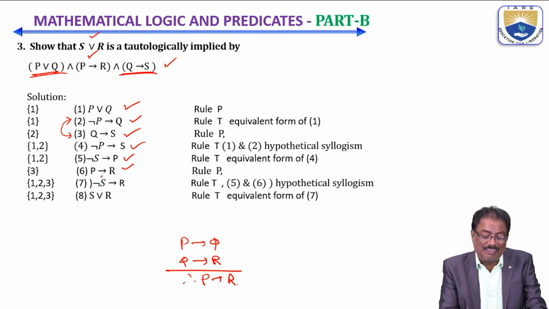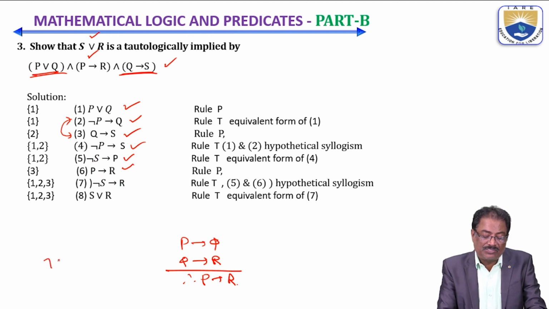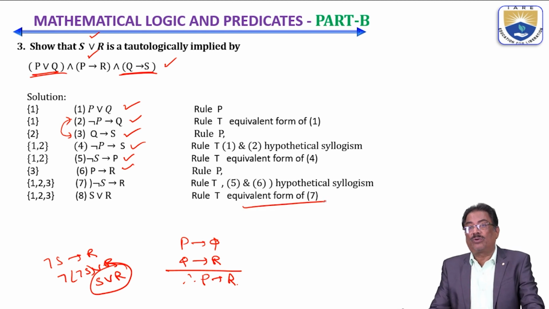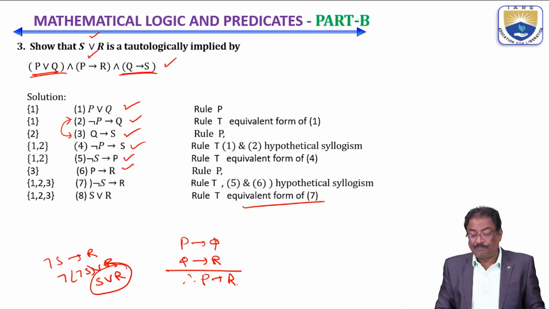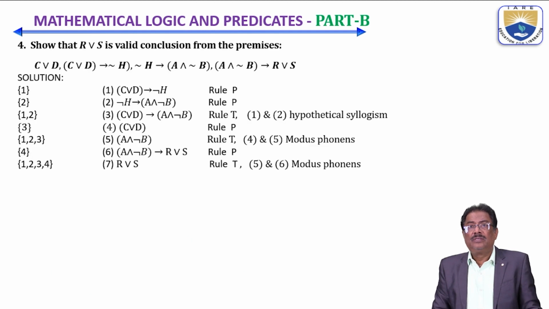Negation S to P and P to R, by using the rule of syllogism, we get negation S to R. And the equivalent form of negation S to R is negation of negation S or R, which is nothing but S or R. That is the equivalent form, so like that we can get the final output.